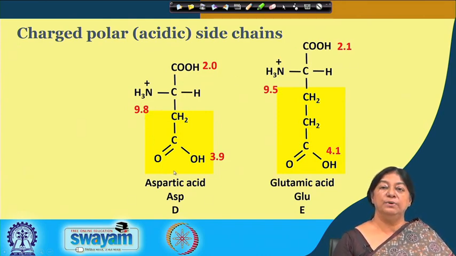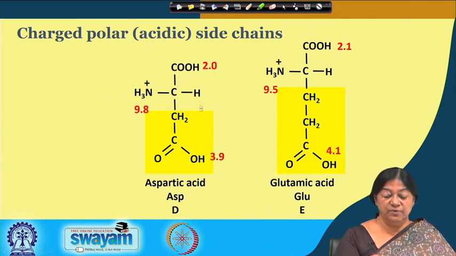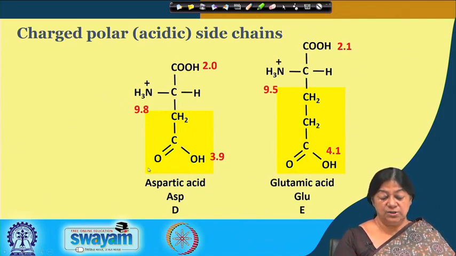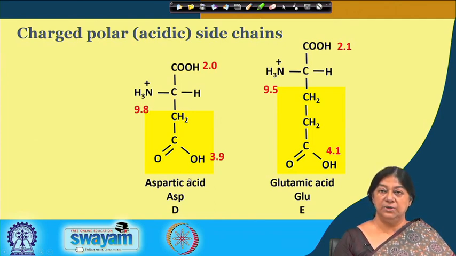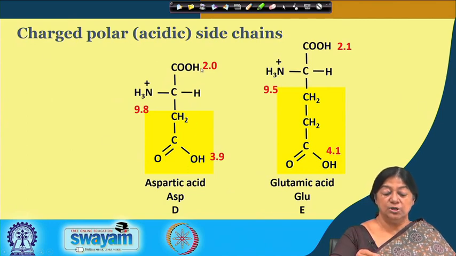So, what is going to happen when we do a titration? For example, if we look at aspartic acid, as we do a titration, the first proton that is going to be lost is the one with the lowest pKa value. This corresponds to the carboxylic acid group of the amino acid.